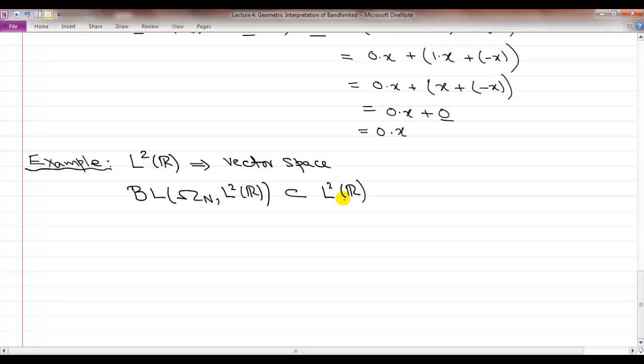You take one band-limited signal, take another, add them and perhaps scale them by some scalar, and you get back another band-limited signal. If you can show that, then you have shown that it's a subspace. The proof is rather trivial, so we'll leave it for an exercise, or perhaps an assignment.